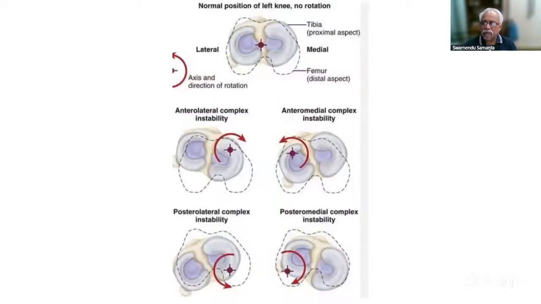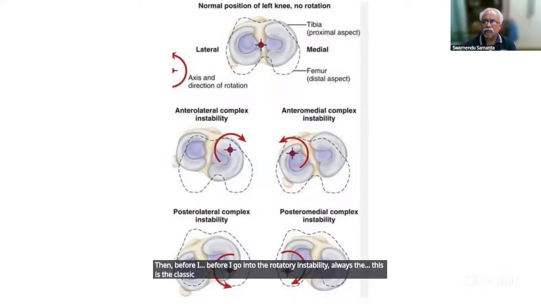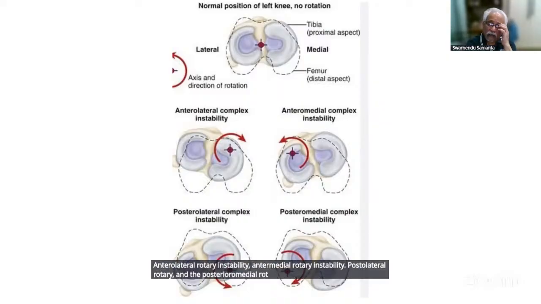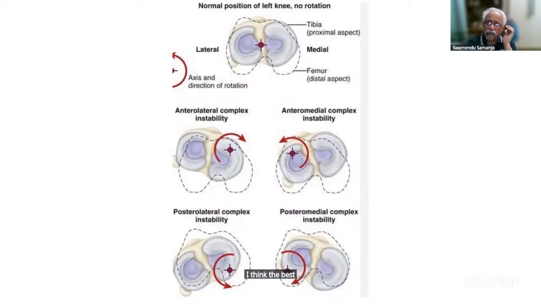Then before I go into the rotatory instability, this is the classic picture of how you understand the rotation. I will explain that there are 4 types of rotatory instability that can happen. One is the anterolateral rotatory instability, anteromedial rotatory instability, posterolateral rotatory, and the posteromedial rotatory instability. I think it is best to read from Campbell, otherwise it is not very well understood.